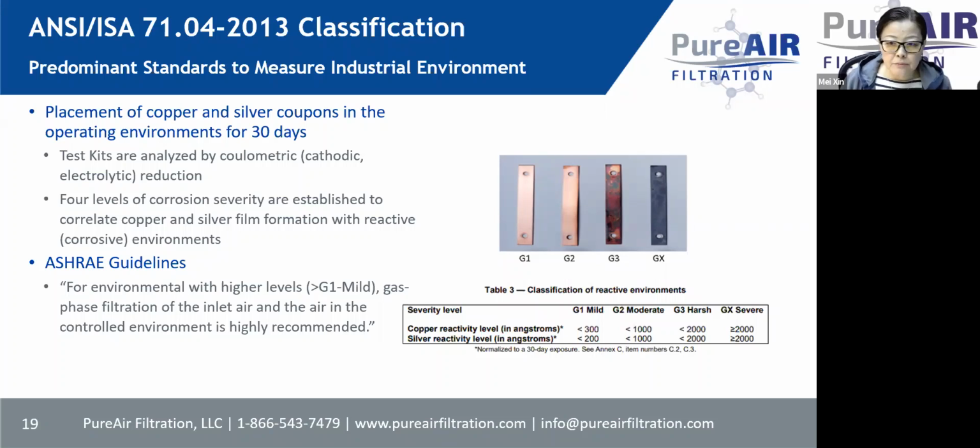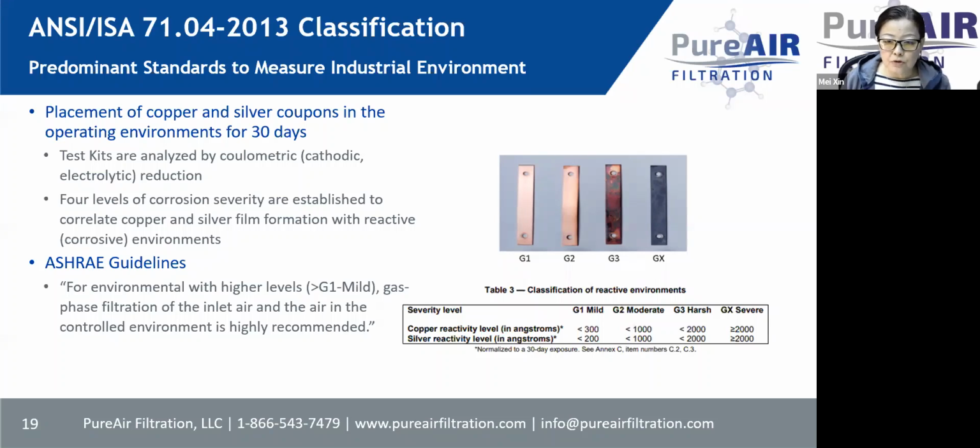Basically, the method introduced is you place copper and silver coupons in the operating environment where you have a concern for 30 days. And the test kits are analyzed by the coulometric reduction method.